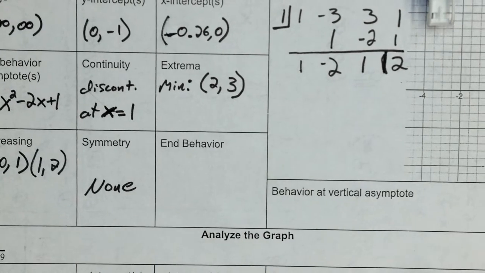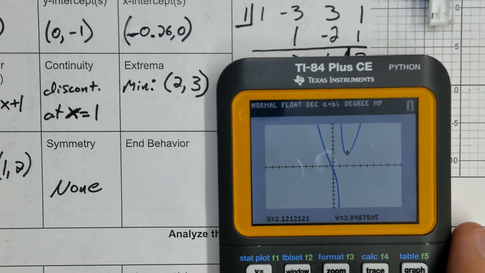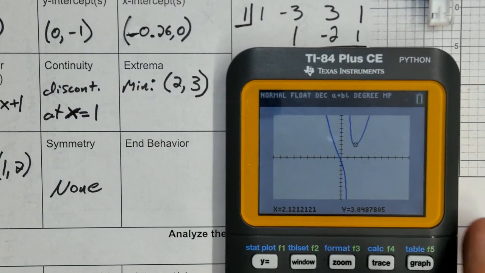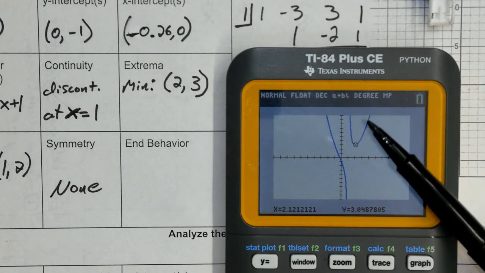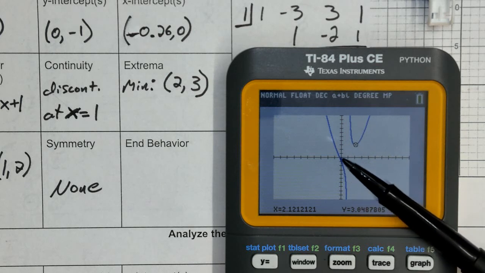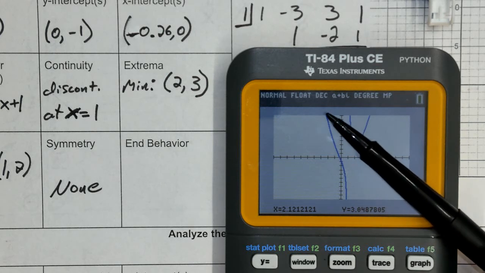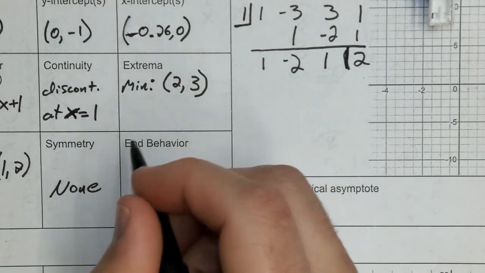But first I want to address end behavior, just in general. When I look at the end behavior of this, I look to the left and to the right. As I track it to the right, it's going up to positive infinity. As I trace the graph to the left, it's also going up to positive infinity. Remember there's always two parts, the right and the left.